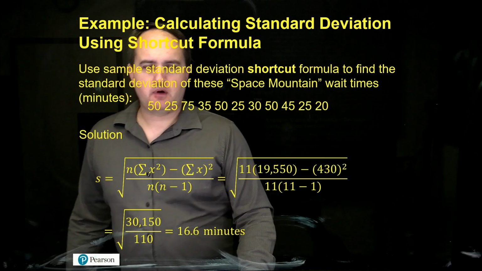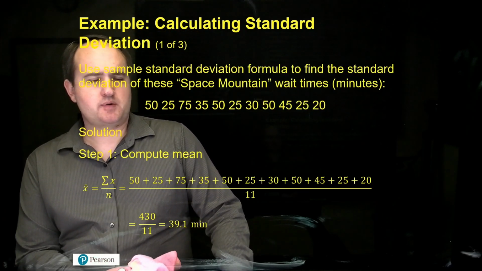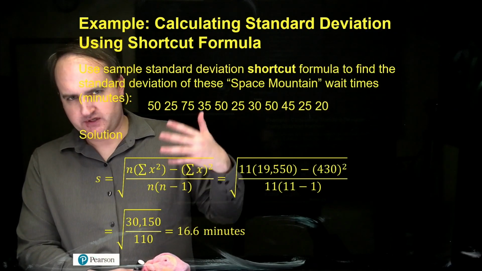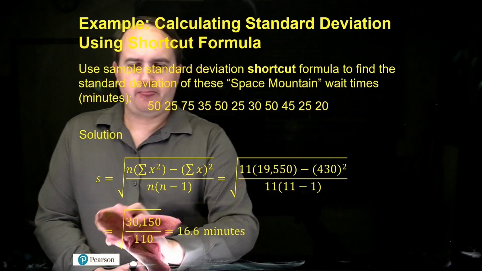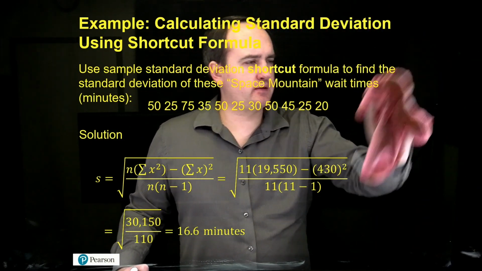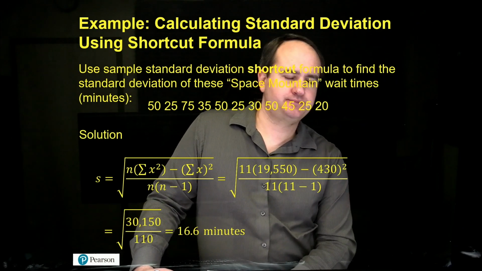All right, so up to you whether you want to use the long formula, which has all these steps on the slides, or the shortcut formula, which I just wrote down in great detail. But for most people, I would recommend the shortcut formula because it's quicker and it's less likely to have rounding error in most cases.